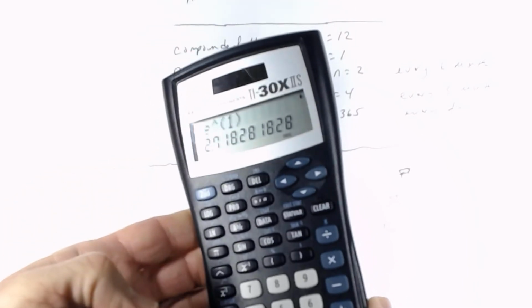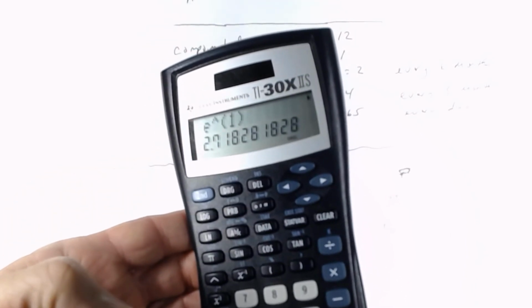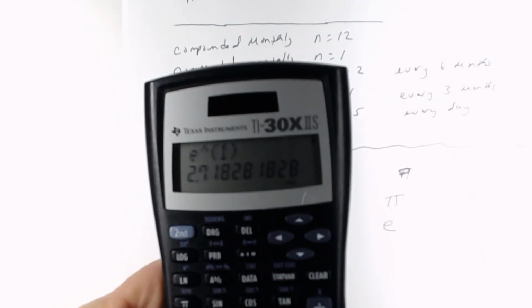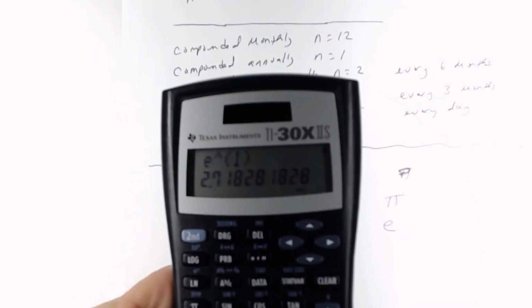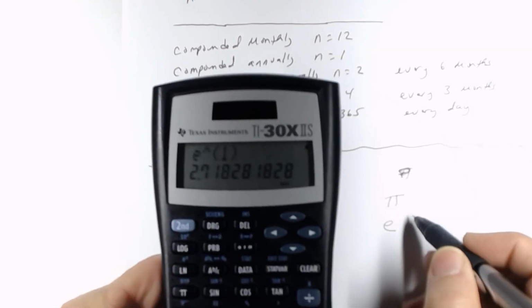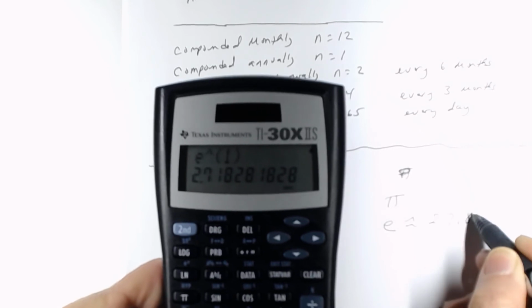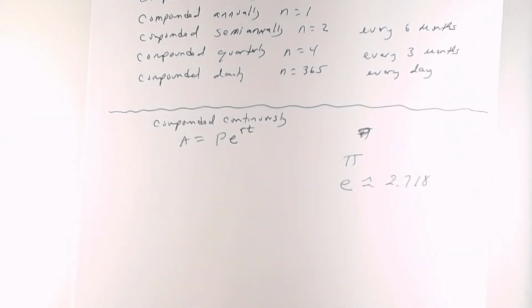And so notice that E is this irrational number. We tend, though, to only use 3 digits behind the decimal point. So E is approximately equal to 2.718.